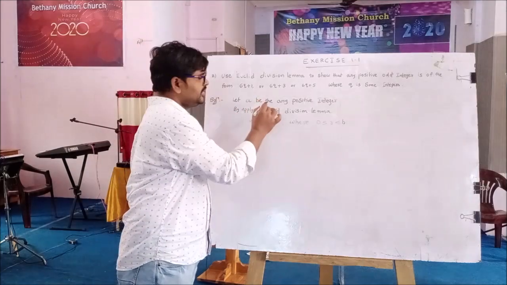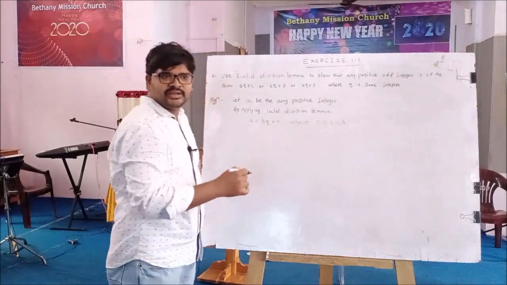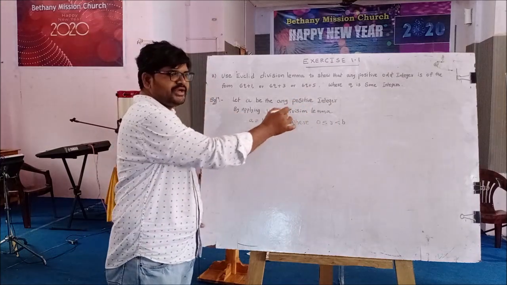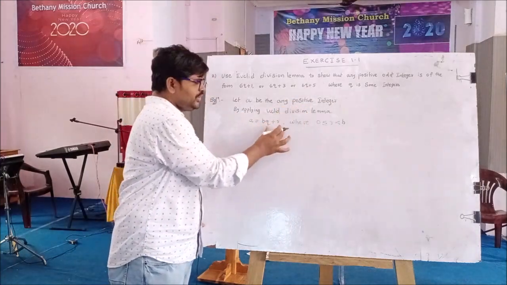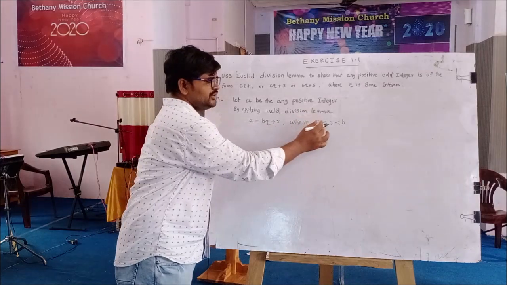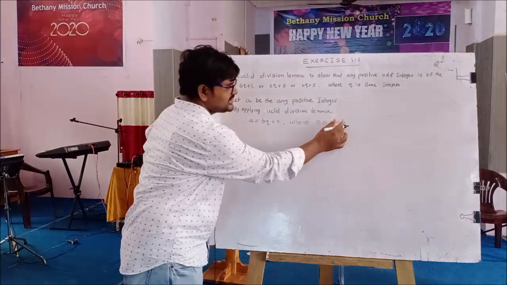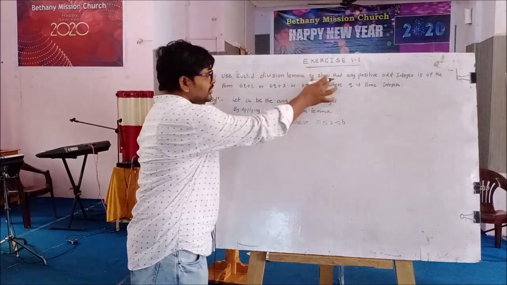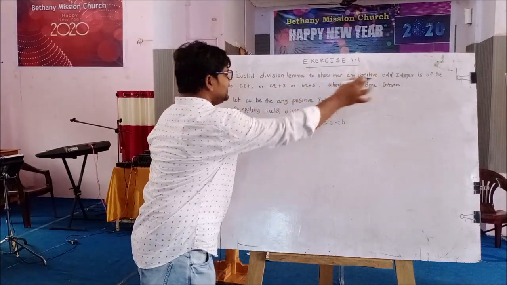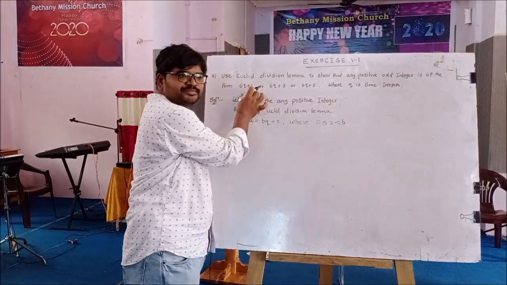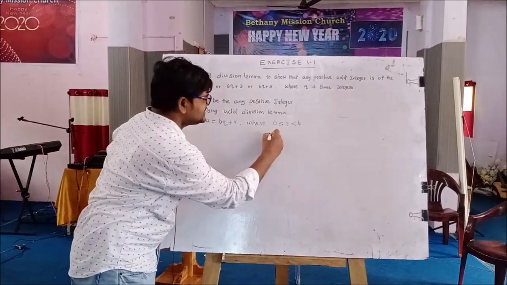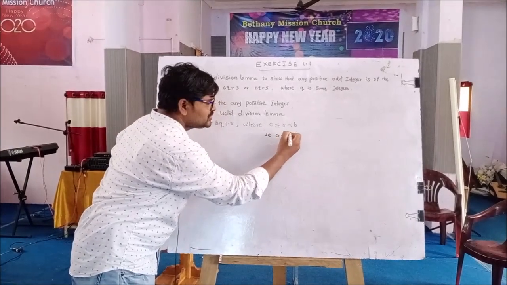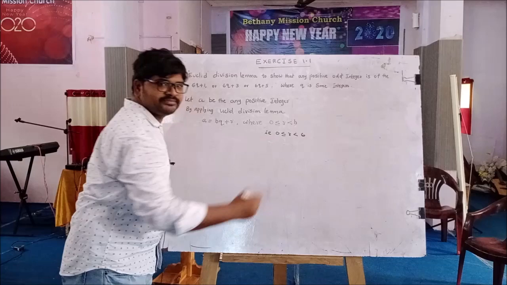Let A be any positive integer. By using Euclid division lemma, A equals BQ plus R, where 0 is less than or equal to R less than B. Here B equals 6. Why? Because we have to show that any positive odd integer is of the form 6q plus 1. So 0 is less than or equal to R less than 6.